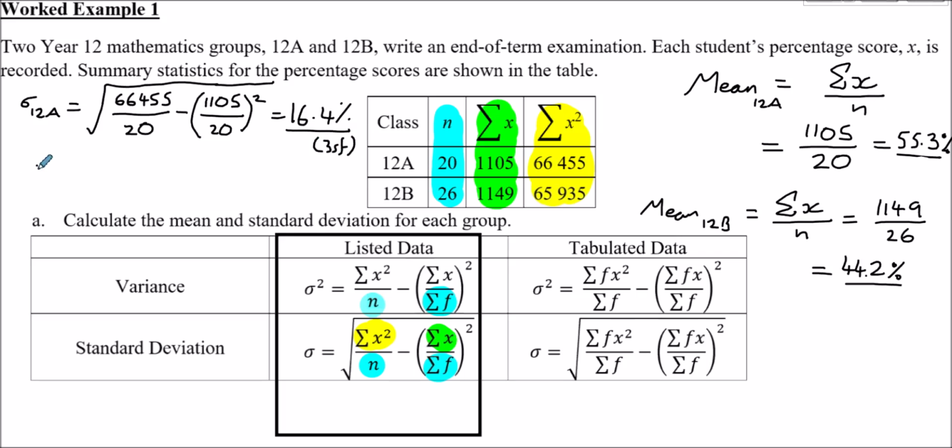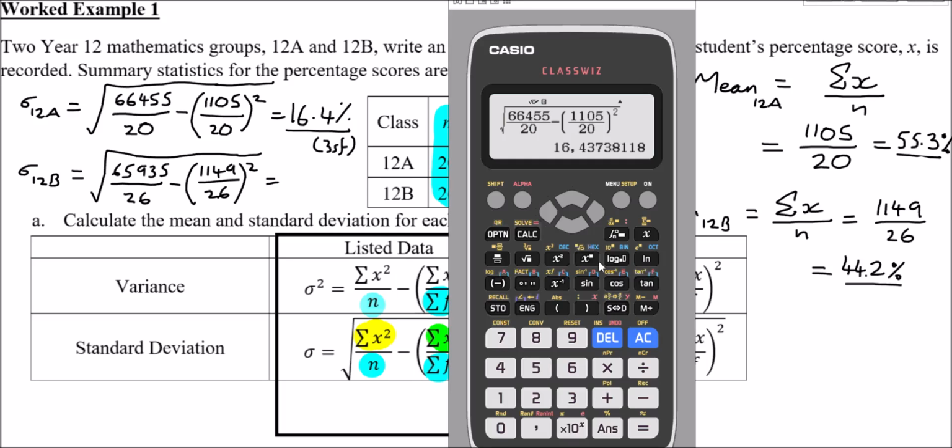And now we can do the same for 12b. So for 12b, the sum of x squared for 12b is 65935 all over 26, then minus 1149 over 26 all squared. So let's see what this one gives us.